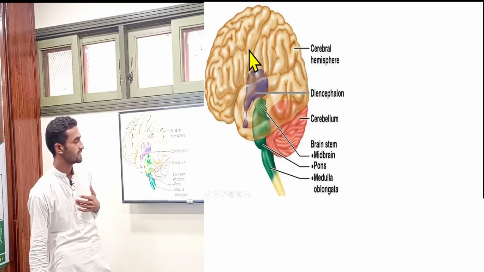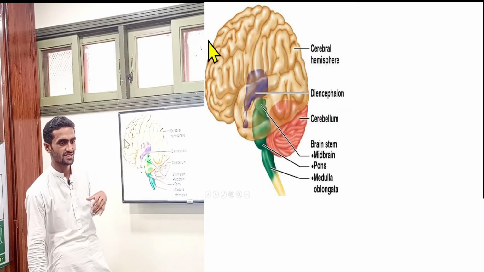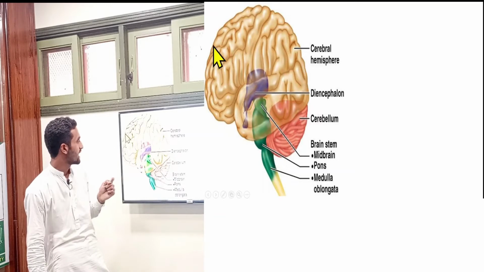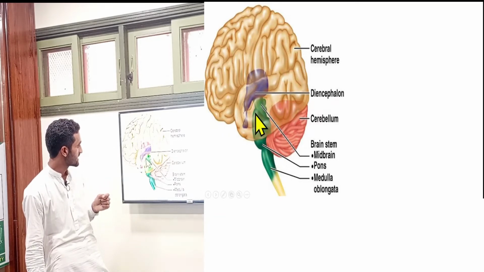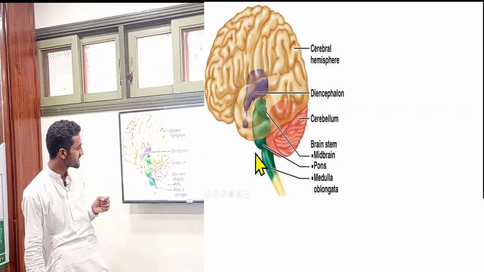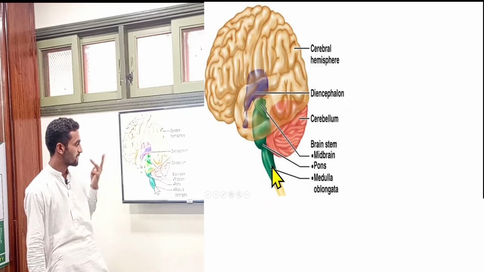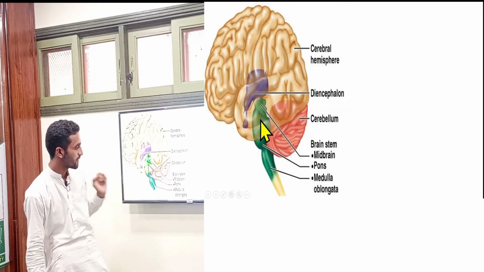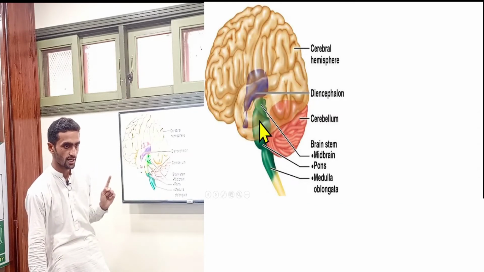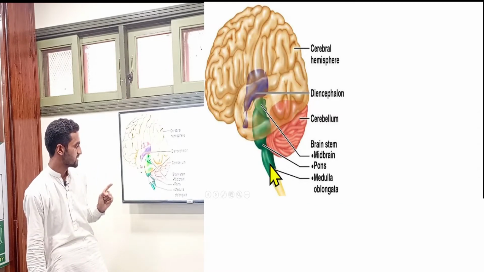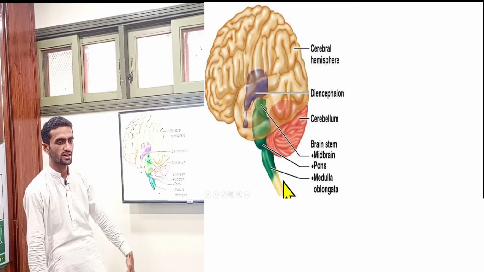This is the cerebrum, and this part you are seeing right here is the brainstem. Actually, the brainstem has three parts. On the upper aspect is the midbrain, then pons. On the lower aspect is the medulla, and the medulla continues with the spinal cord.